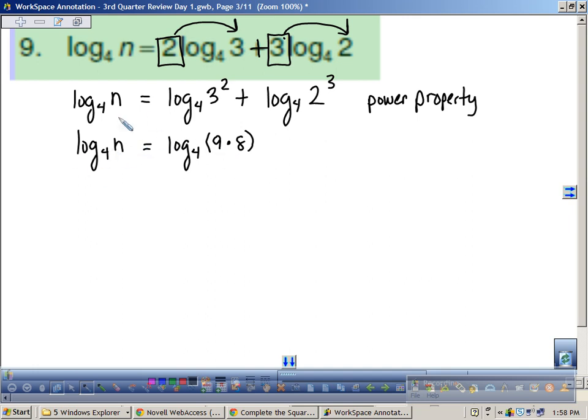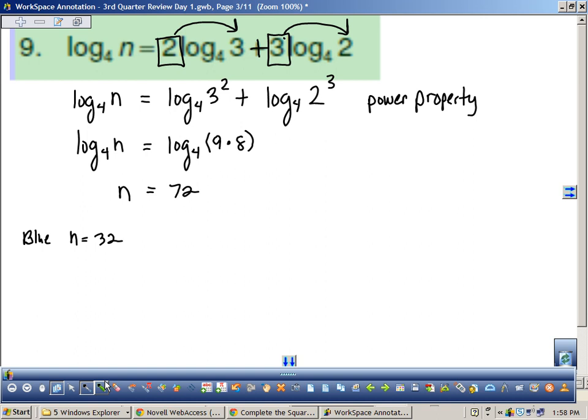So now I can use the equality property and say, if this is the same base as this, then I can just say n equals 72. And the green number 9 would be the other one; the other number 9 on the blue is n equals 32. Okay?